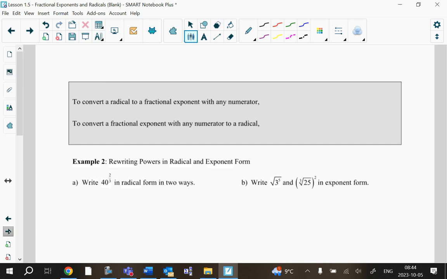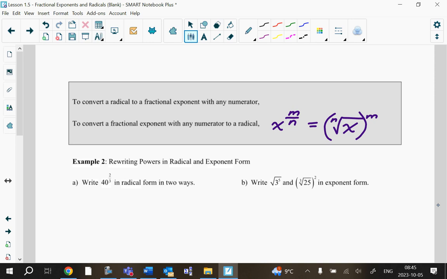So if we've got, and actually I'm going to do this one first, some fraction exponent where the numerator is some number besides 1. To change it to radical form, you still put the x underneath. The denominator still becomes the root. But then we have to take this whole radical and raise it to whatever the numerator is. That's the difference.